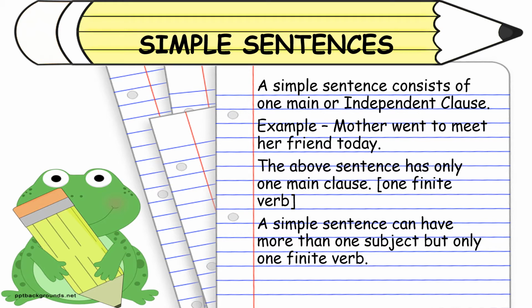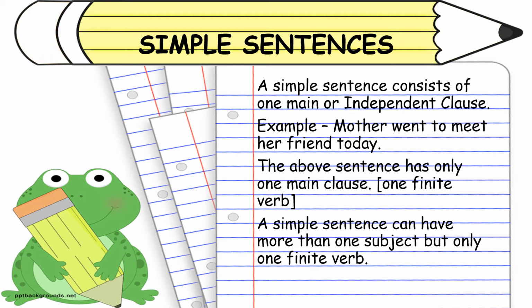As we studied clauses, I hope you all remember the main or independent clause: a clause which can stand on its own and does not need the help of another clause. So in a simple sentence, you will have only one finite verb. You can have more subjects, but there will be only one finite verb. Finite verb means main verb.